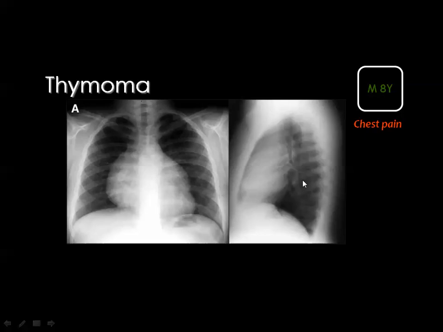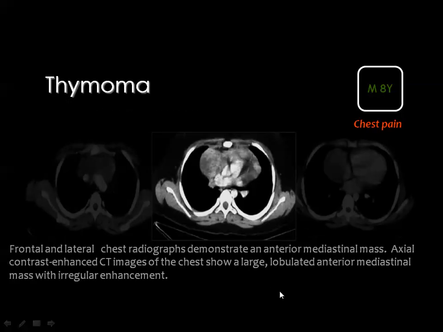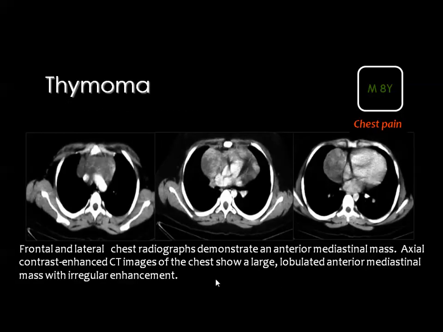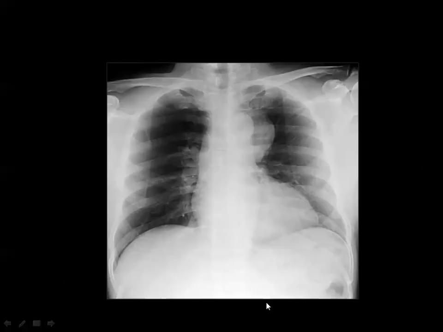In the lateral view, there is a well-defined soft tissue mass projecting in the anterior mediastinum, and then the CT scan showed the mass at the thymic location, projecting on either side of the mediastinum, mainly to the right side, and this was proved to be a thymoma.